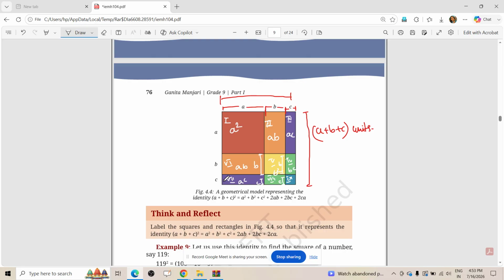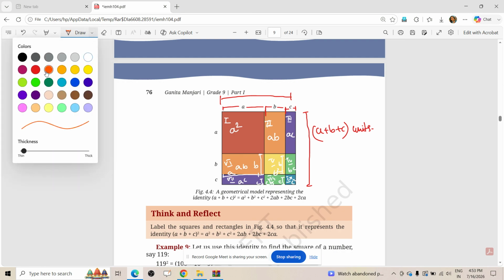The larger side is A unit, and the smaller side is C unit, so area is A into C. And what is the area of this green part, eighth part? Yes, CB. Here I am writing C into B. And what is the area of the smallest part? That is C square, right?